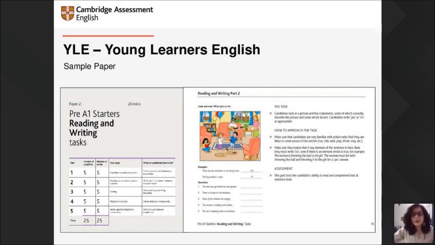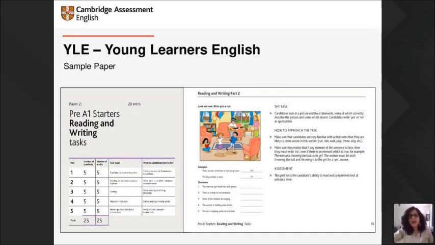Now, to give you an example, we are looking at the Starters Reading and Writing tasks. To my left, if you see, this page of the handbook gives you a very clear idea of the number of tasks, the number of parts which the Reading and Writing exam has, the number of questions in each part, the marks allotted for each question, the task type, as in what is the focus of the task, and finally a column which talks about what the candidate needs to do, how the candidate needs to attempt the task.